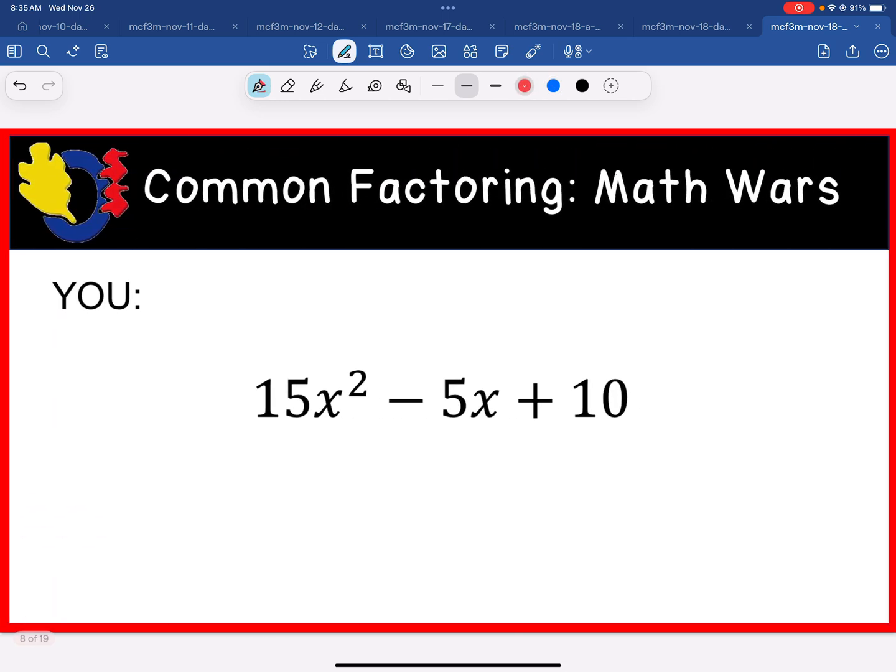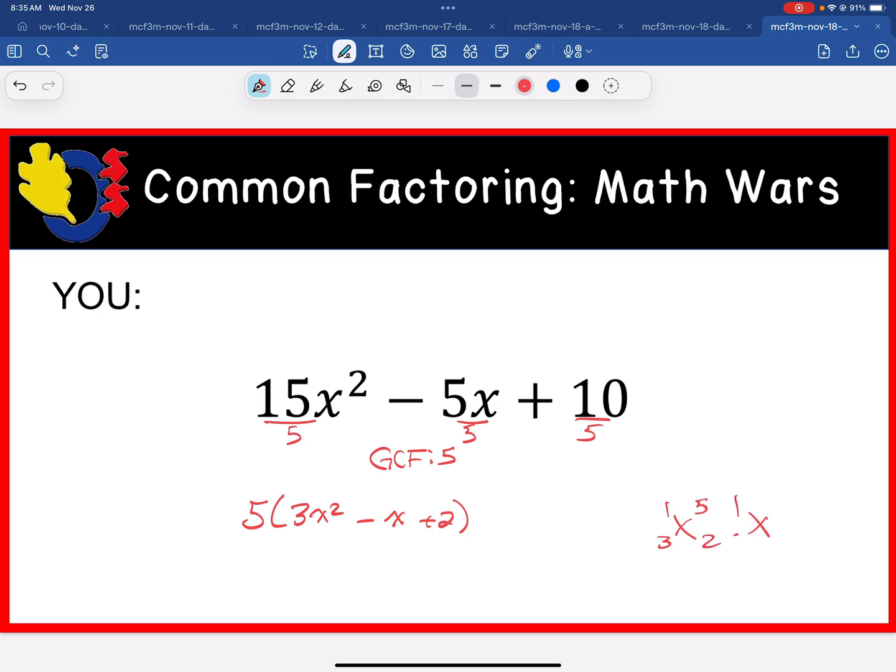The next example, I see a GCF of 5. So I'm going to divide each of these terms by 5. So 5 and then 3x squared minus x plus 2. Again, I'm going to go ahead and check 1, 3, 5, and 2.